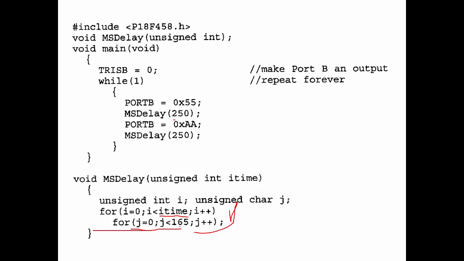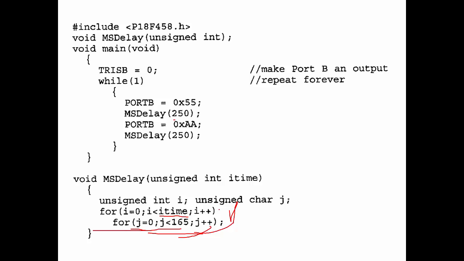Now j moves to 1, again the condition is true, and the increment goes on. So this loop will run 165 times for the first value of i.